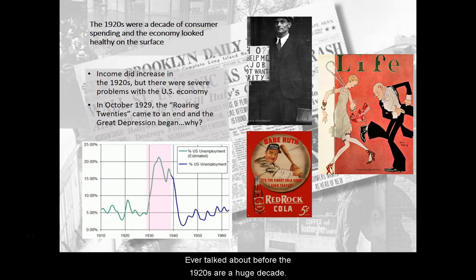As we talked about before, the 1920s are a huge decade of consumer spending. Americans are making more money at their jobs, so they have more disposable income. And disposable income is where you have money left over for the things that you want after you spend money on things you need.